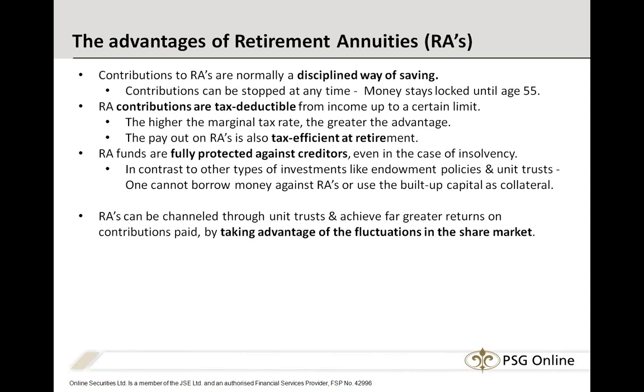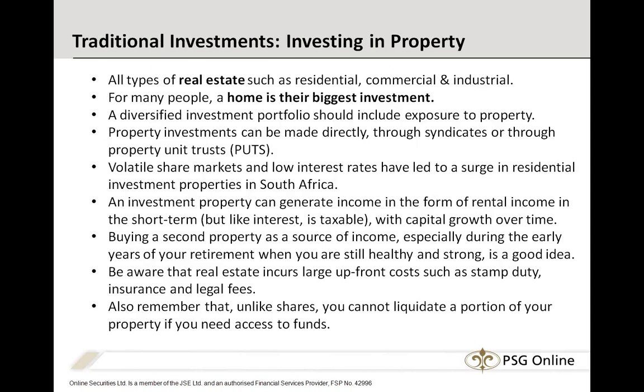They're also tax efficient at retirement. One of the big advantages of RAs is that they're fully protected against creditors. In case you as a self-employed person go insolvent, your creditors cannot get at your RAs. They are also linked to various things like unit trusts, so you can go for higher returns. And what I like about it, I use it myself, is that you can switch between the different funds.